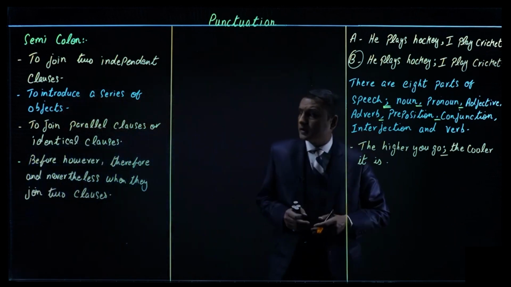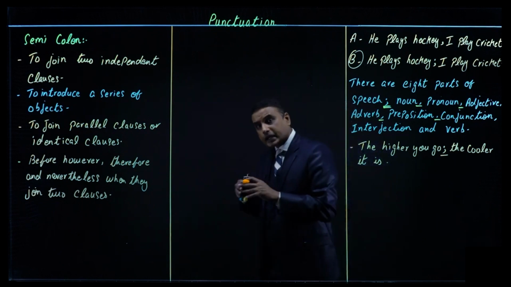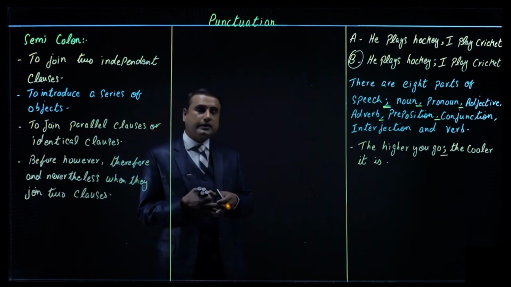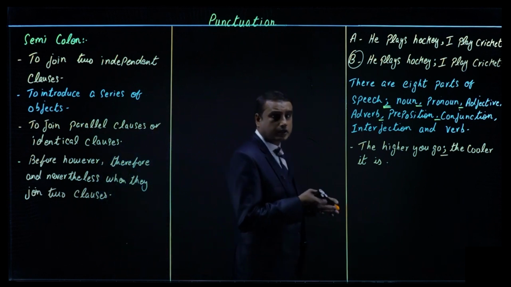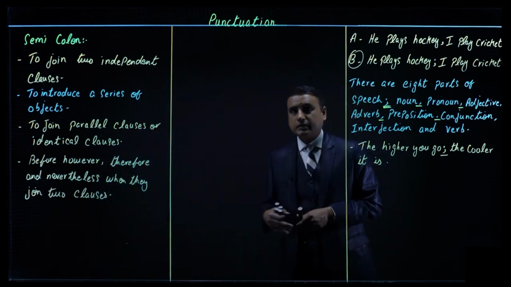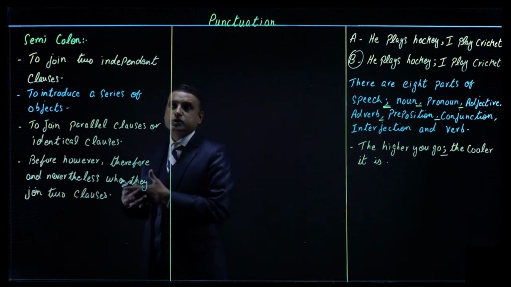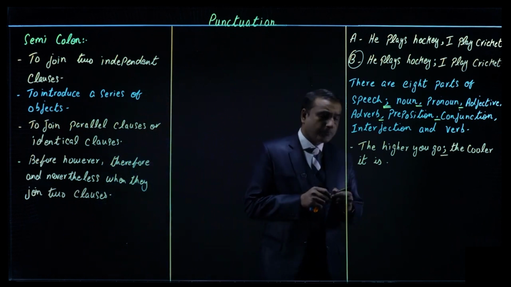Now therefore and however, they can be used within the same clause or they can join different clauses. If they are used within the same clause, they will not take semicolon before them. But if they are joining two different clauses, then we shall definitely use semicolon before these two.